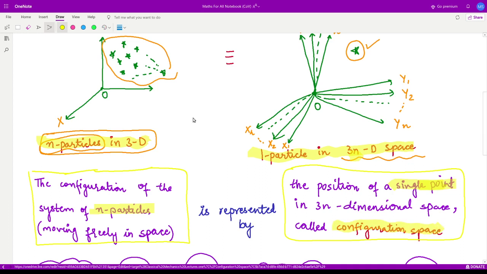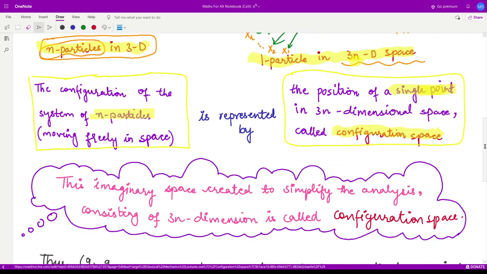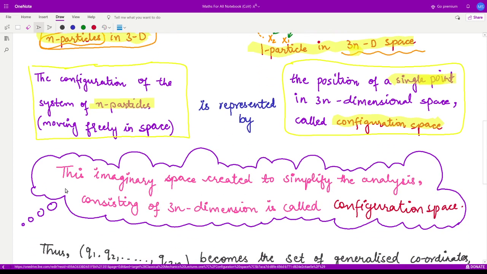Now in reality, this space does not exist, right? But for the sake of simplicity, we have created this imaginary space, consisting of 3n dimensions, to simplify the analysis. It is called configuration space, right?